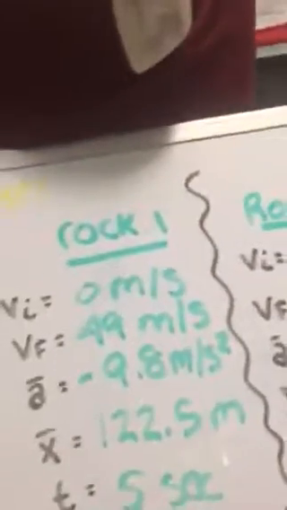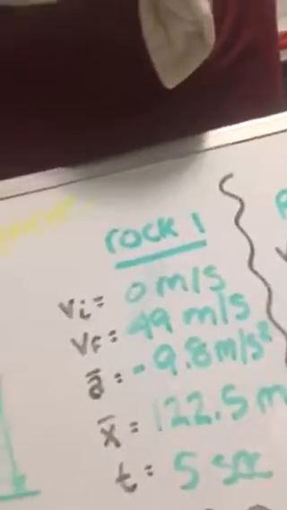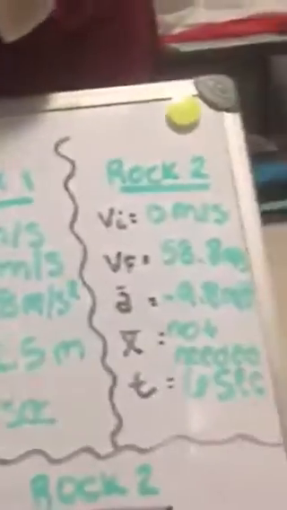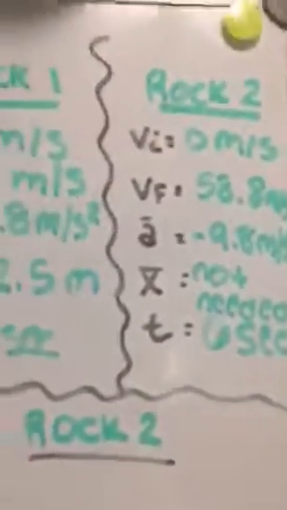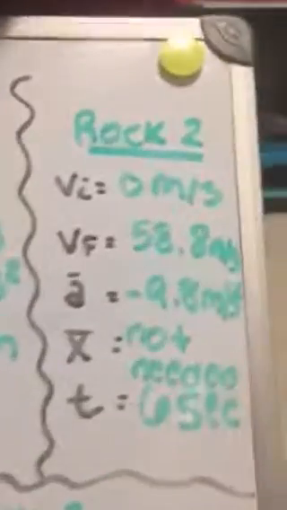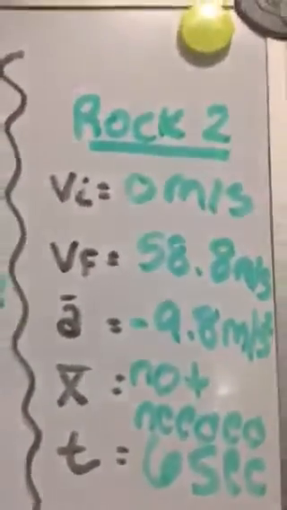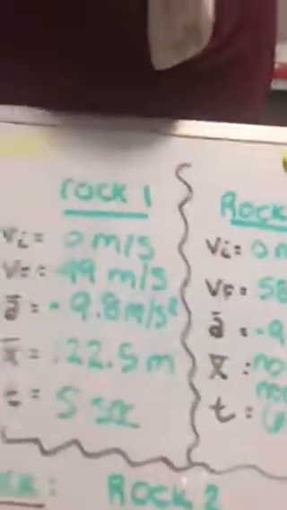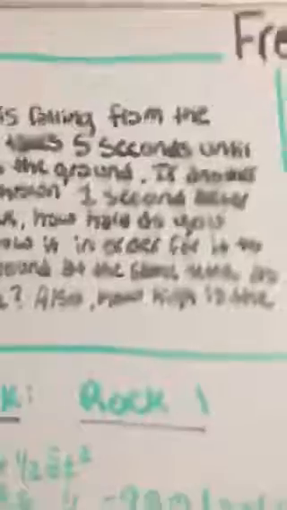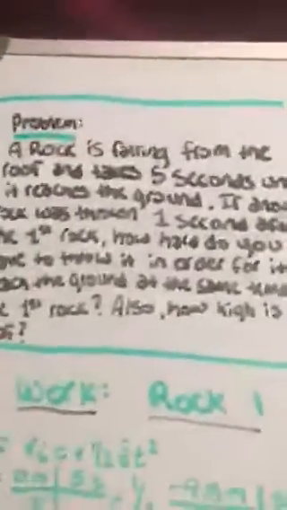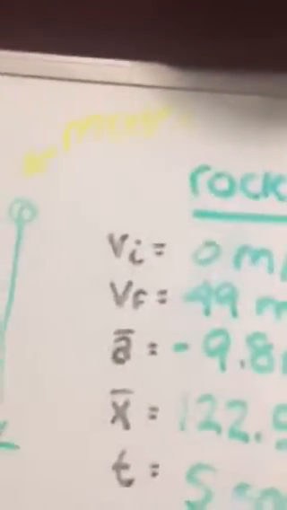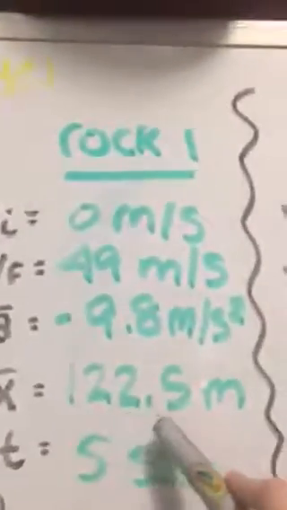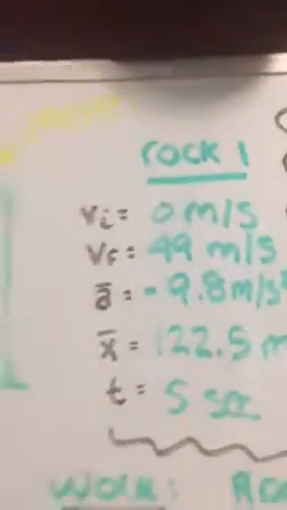And we already said that after 1 second being thrown after the first rock, our answer would be under rock 2, the final velocity, which is 58.8 meters per second. And to answer the second question, again, how high is the roof? The roof would be 122.5 meters. So that is just one example of free fall.